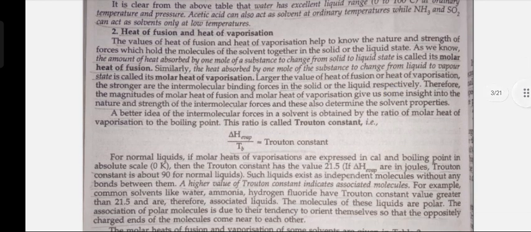Heat of fusion and heat of vaporization. The values of heat of fusion and heat of vaporization help to know the nature and strength of forces which hold the molecules of the solvent together in the solid or liquid state. As we know, the amount of heat absorbed by 1 mole of a substance to change from solid to liquid is called its molar heat of fusion.